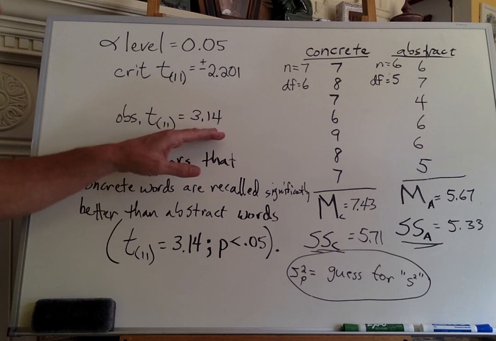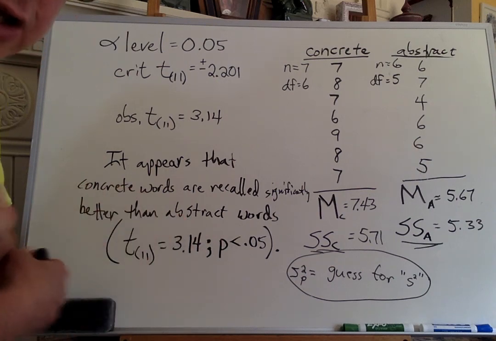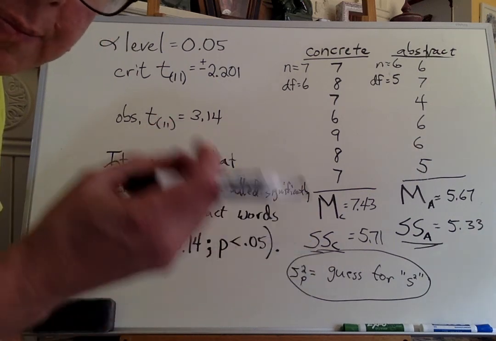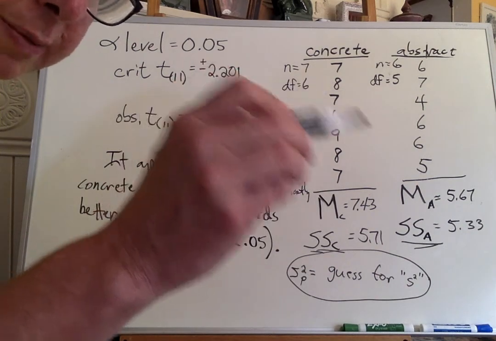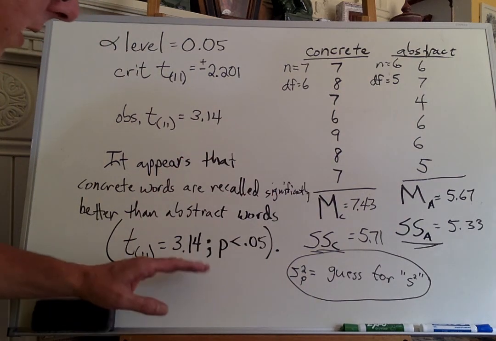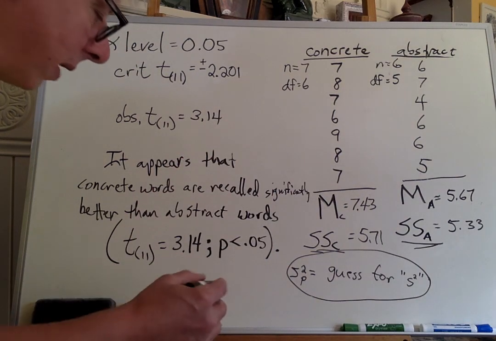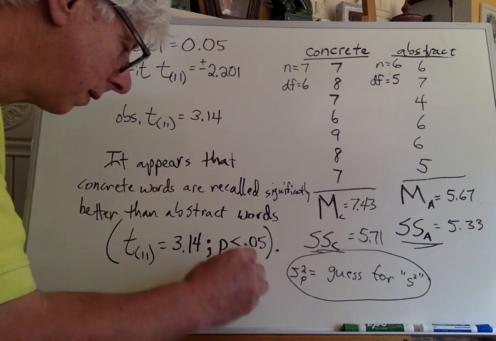This is such a large value that it would actually surpass the 0.01 level. And you can look at that in your appendix, in the book, in the t-test table. If you look at 1% in both tails, you'll find that we're going to be beyond that with 3.15. And so I might do something like this.